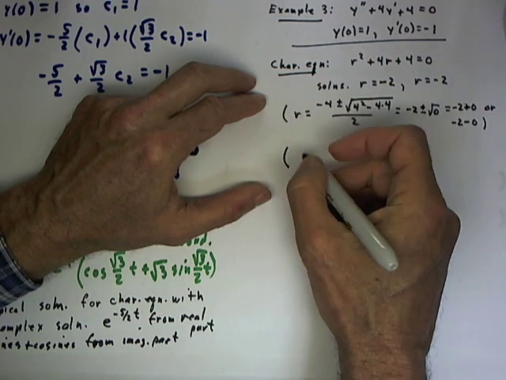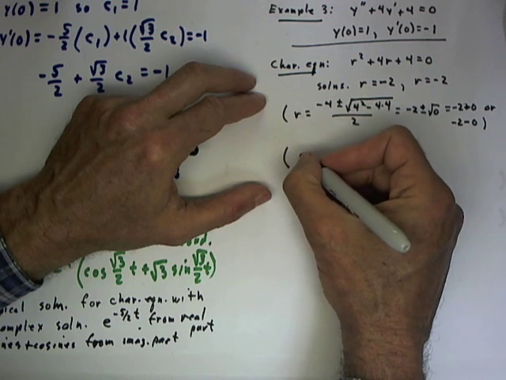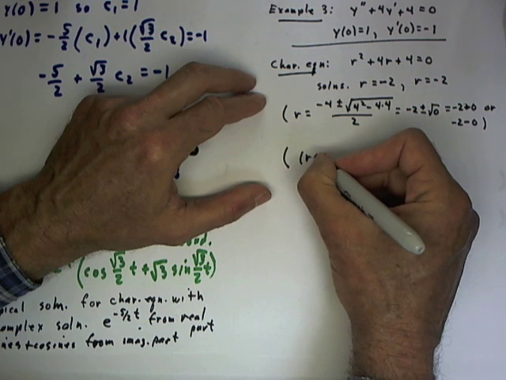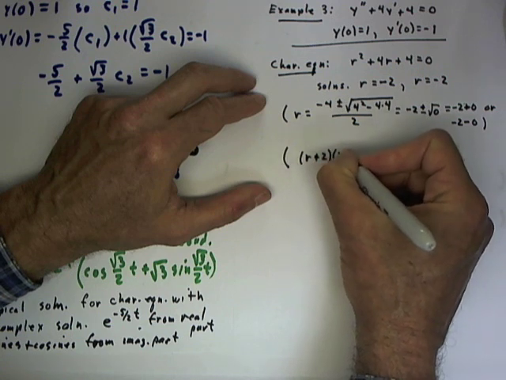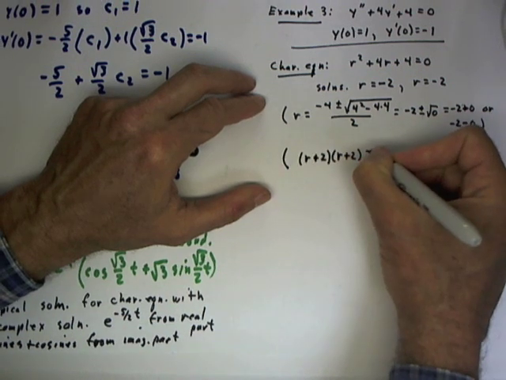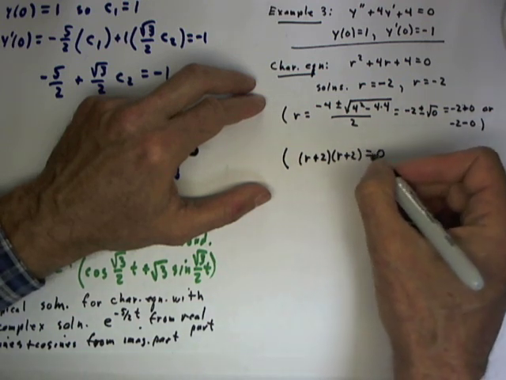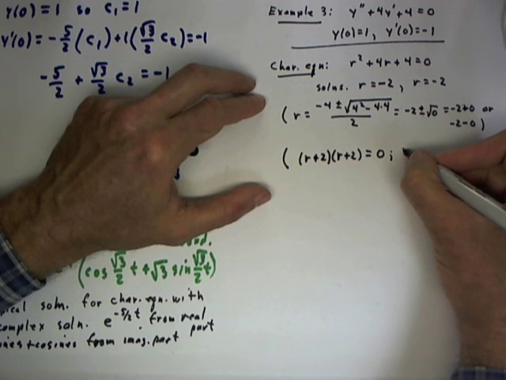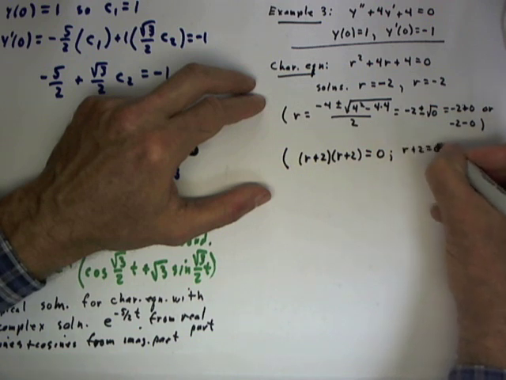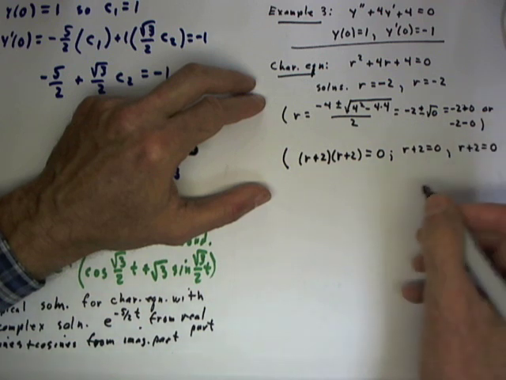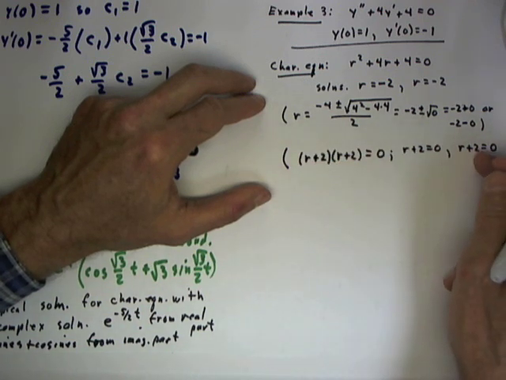Alternatively, this equation is easy to factor. We get r plus 2 times r plus 2 equals 0, so that r plus 2 equals 0 gives us one root, and r plus 2 equals 0 gives us another root.